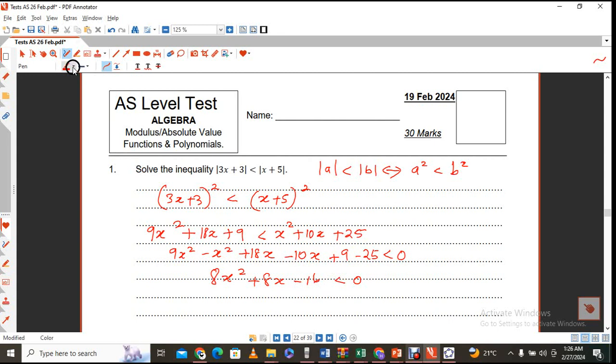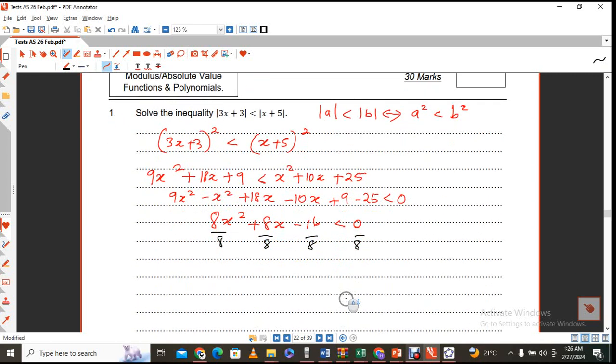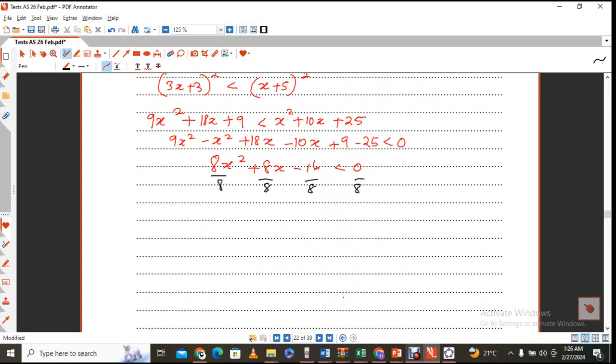Of course, what you can do here is simplify. You can divide throughout by 8, since 8 is a common factor. And if you do that, you're going to end up with x squared plus x minus 2 is less than 0.